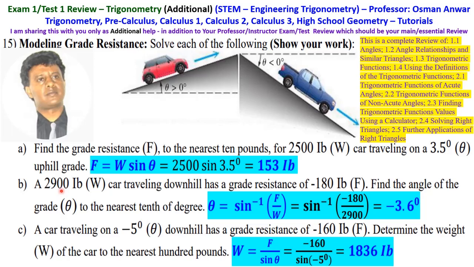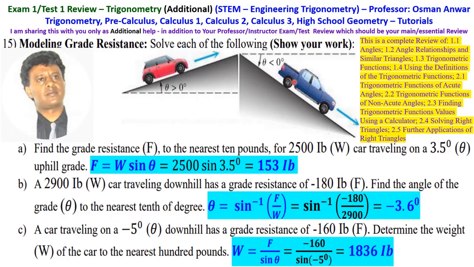B is a 2,900 pound car traveling downhill, has a grade resistance minus 180. Find the angle of the grade theta to the nearest tenth of degree.